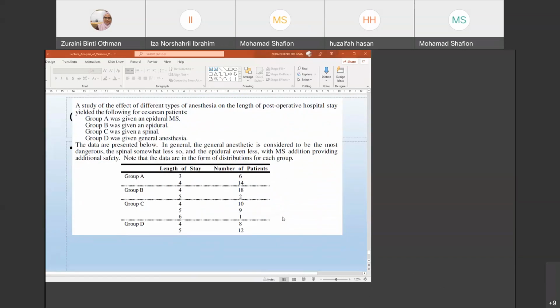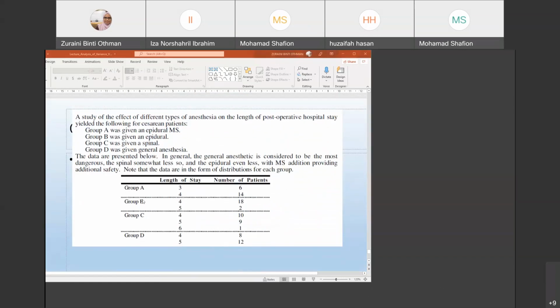For example, here we have different groups of Caesarean patients, in a study of the effect of different types of anesthesia on the length of post-operative hospital stay.